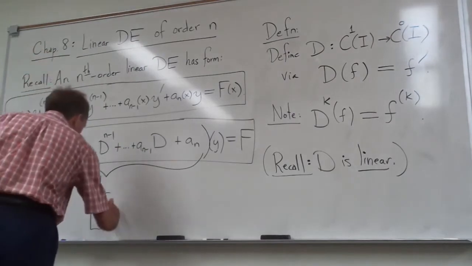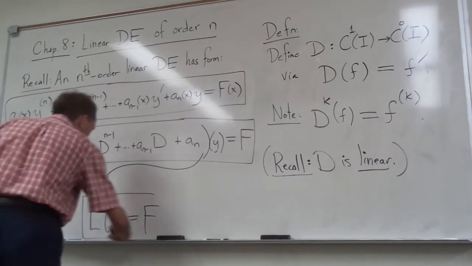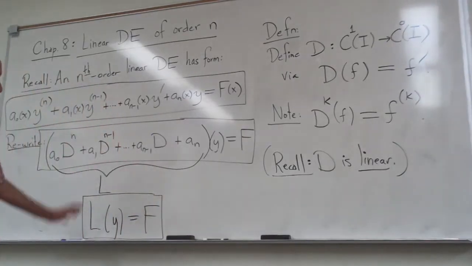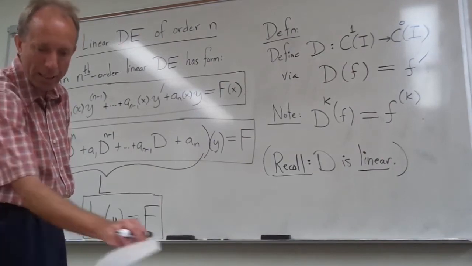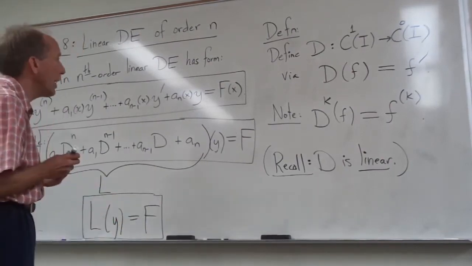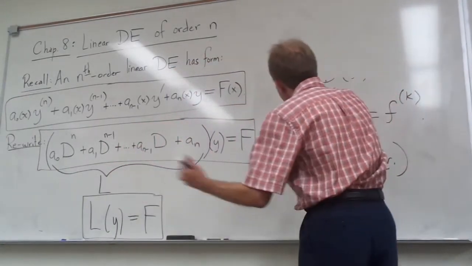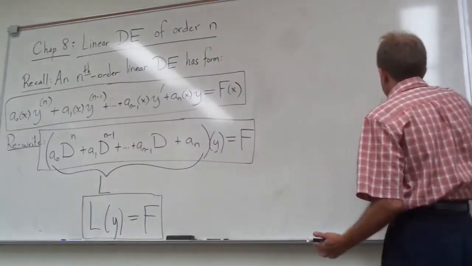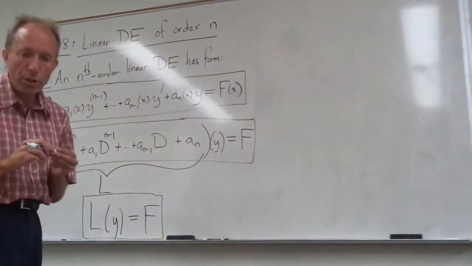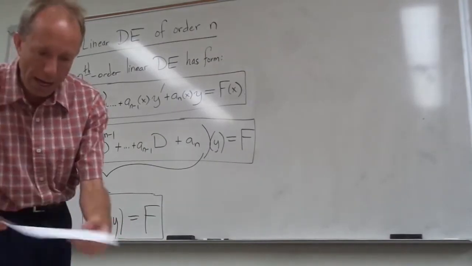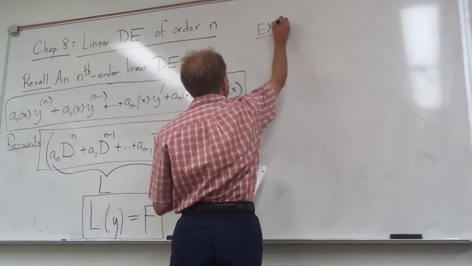So my new differential equation, after I incorporate L, is really small: L of y equals F. That's my new form. So we can write our differential equation in a very compact way using these D's and then ultimately the L notation.